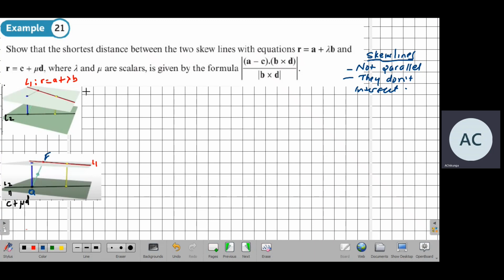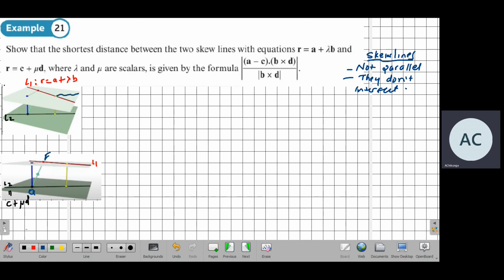If we look at diagram 1, we have two planes that are parallel, which suggests that the distance between them is constant. If you look carefully, there is a yellow line starting from line 1, which is on plane 1, to line 2, which is on plane 2.